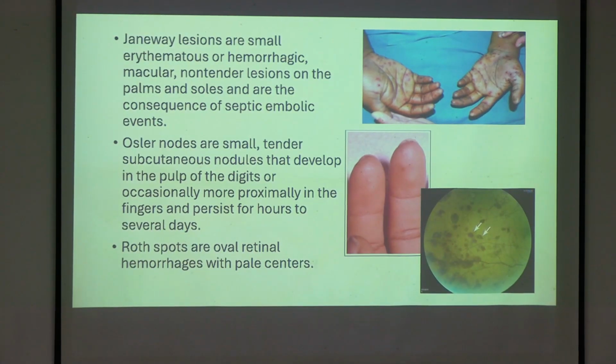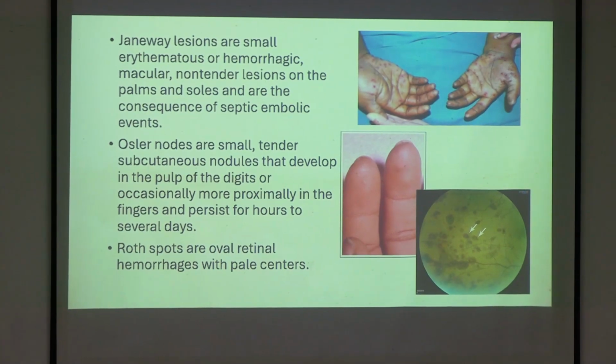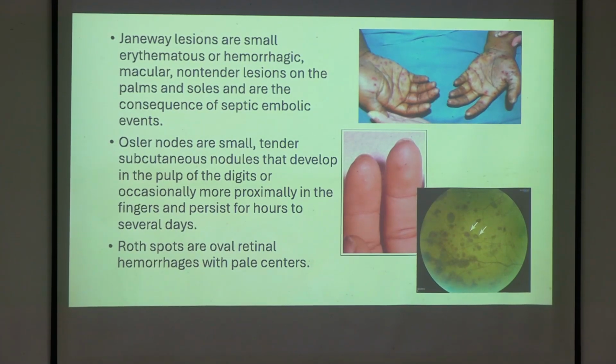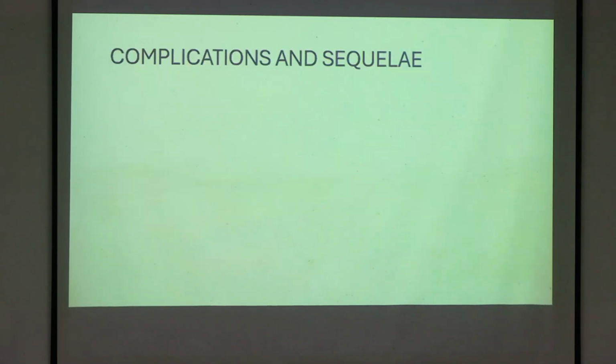Clinical postings are going on, na? No eye for now. Ophthalmology posting has not started. So Roth spots are seen in the retina, okay. The first two are mainly seen in the palms and Roth spot is mainly seen in the retina, okay.